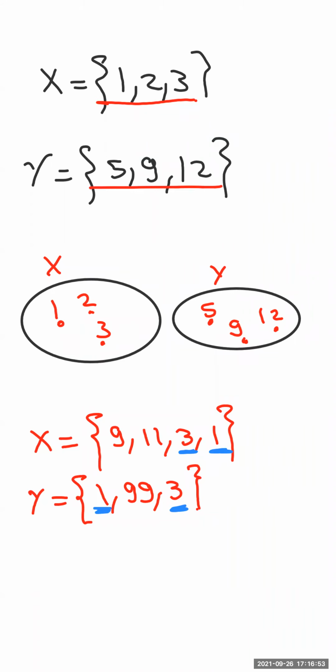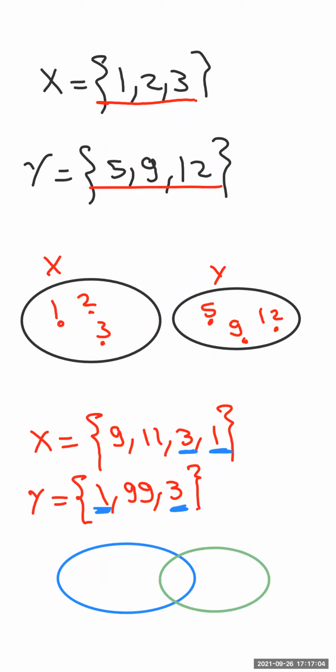So in this case we have to draw the two ovals with an intersection area like that. This one for X and this one for Y. Where are the common elements? 1 and 3. Write them down here in the common area, 1 and 3.